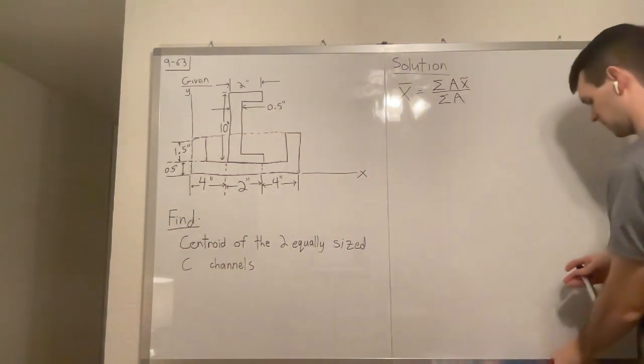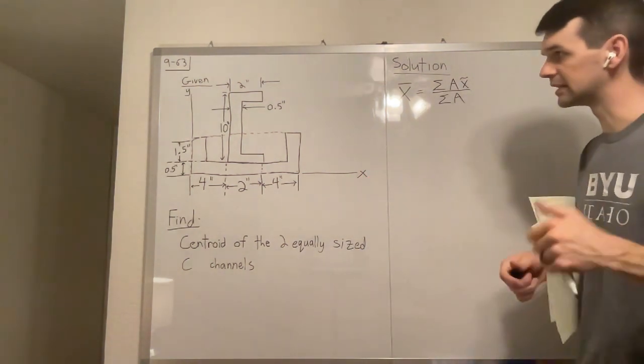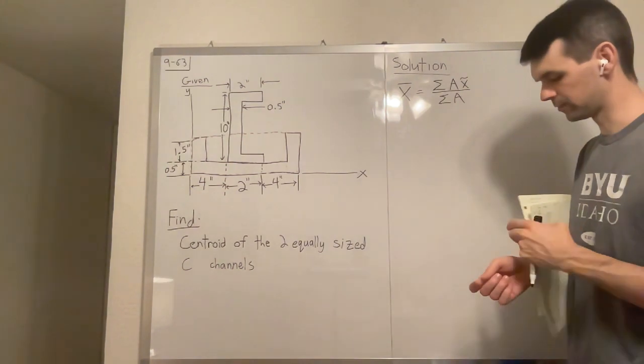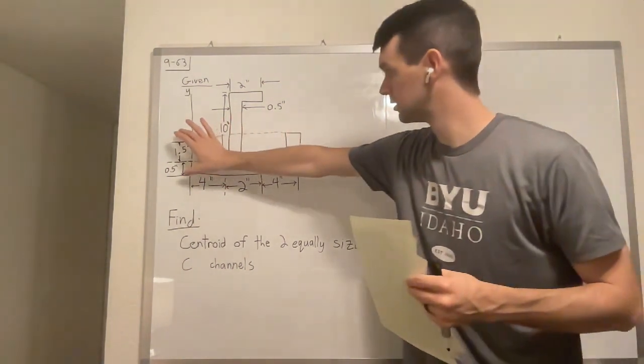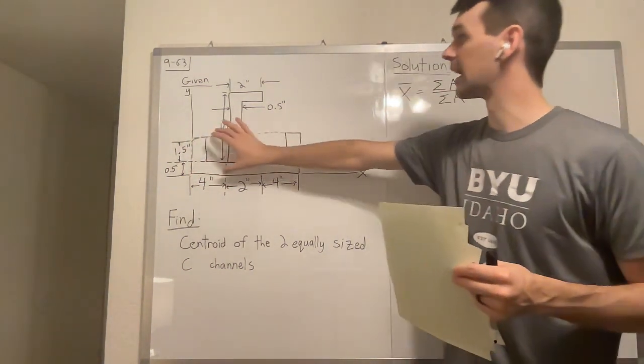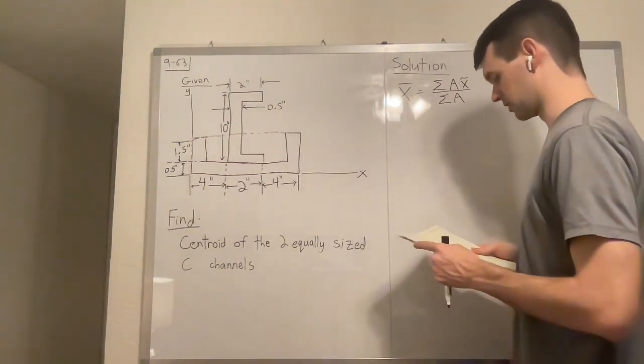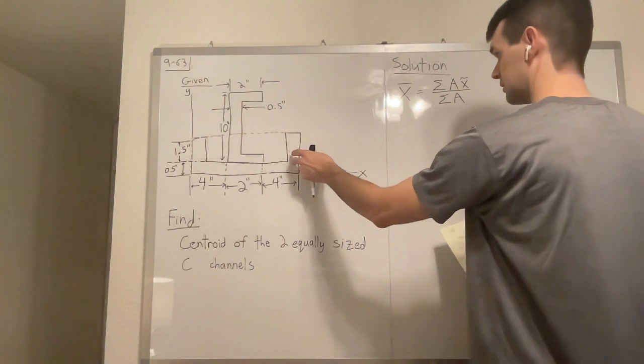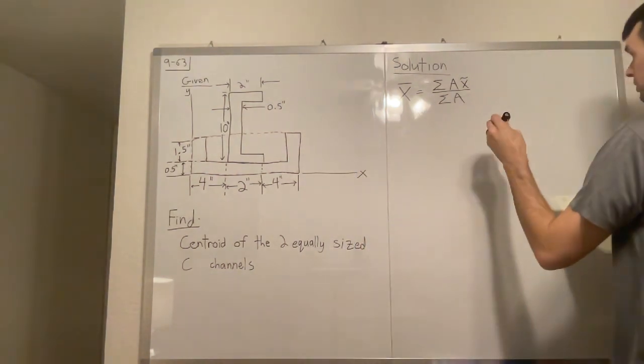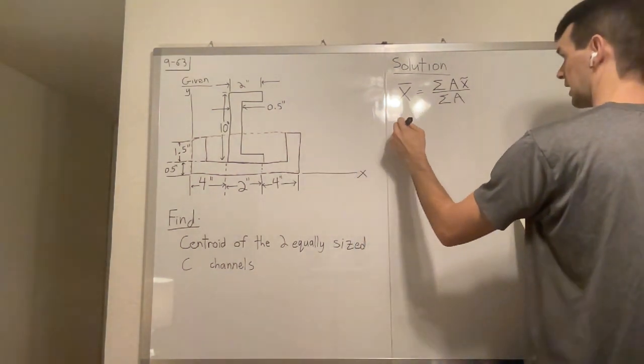And the cool thing is that is a totally valid thing to do. If we look at this big rectangle that we would have if there wasn't this cutout in the C channel, let's start with this lower guy. What do we have?